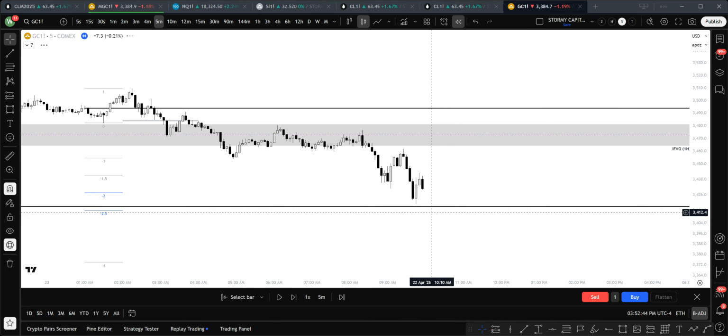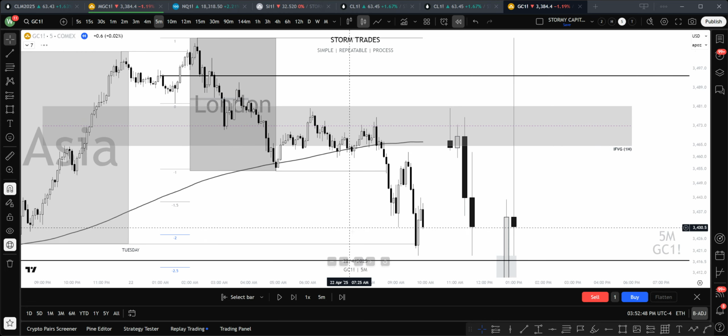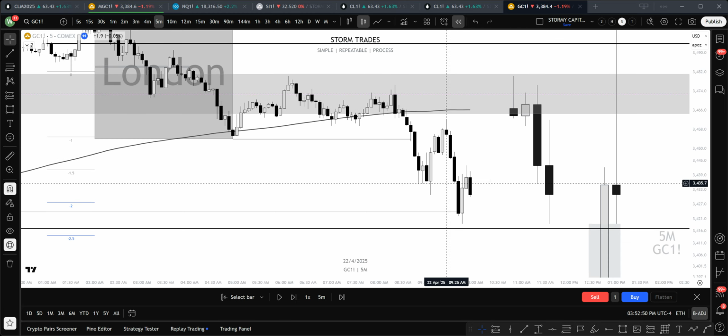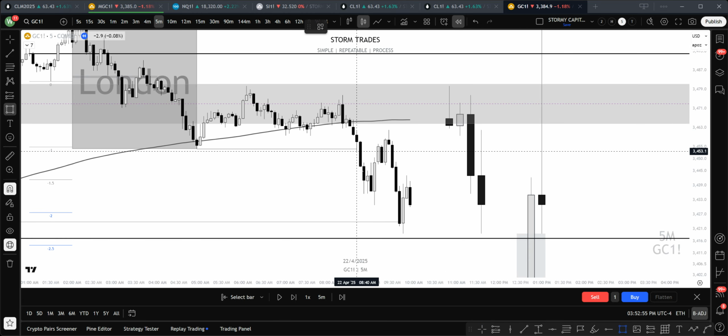Go over to our execution time frame. And what do we see here? Okay, we have swing high, swing low, higher high, lower low.